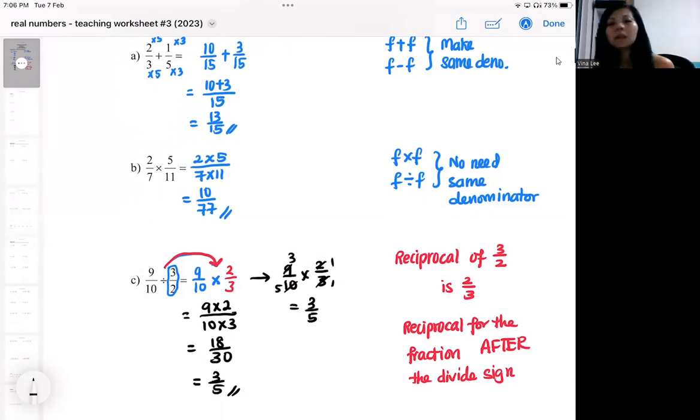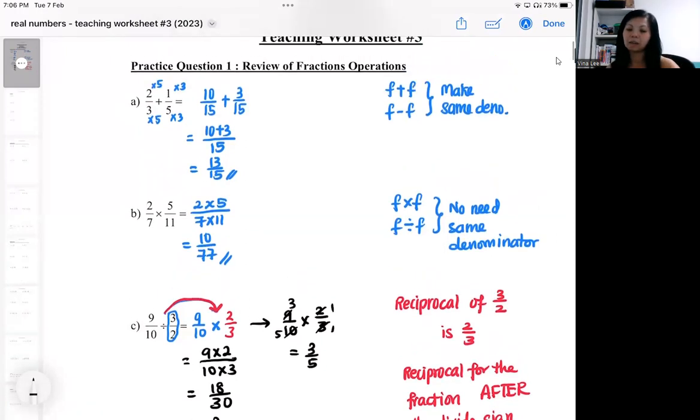But if you find that you are very untidy, and some of you have very small handwriting, when you try to do cancellation you sometimes miss out on your own handwriting. So that's one risk. You can do cancellation and still hit the same number. Or like what I do, I never cancel first. I just do top times top, bottom times bottom. So you will need this fundamental idea.